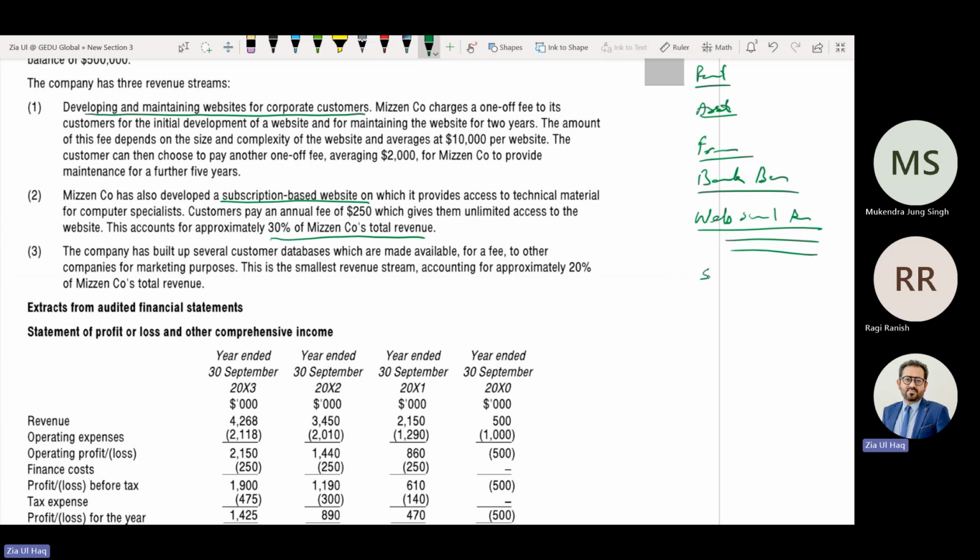So put the heading subscription-based website. It is generating significant revenue, that is 30% of the business. So we need to get detail whether this subscription-based website is registered on business name or on any of the personal name.